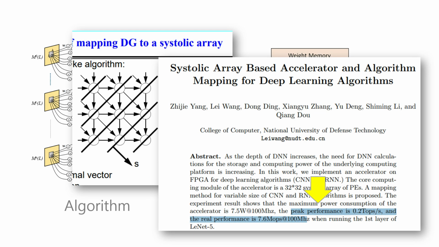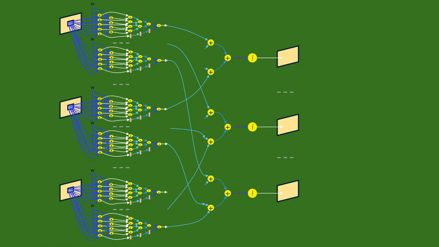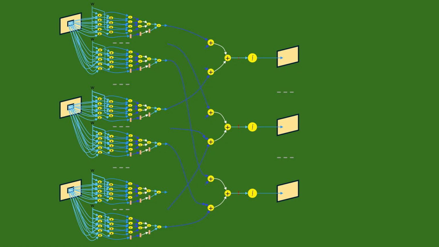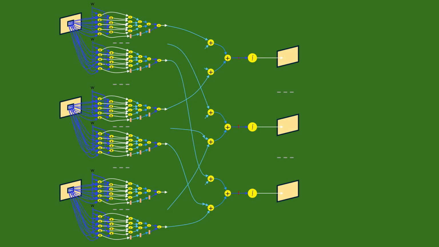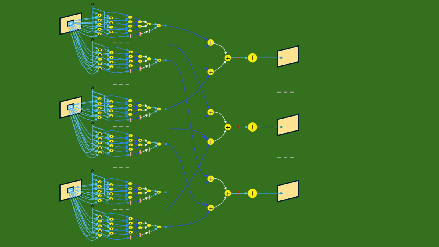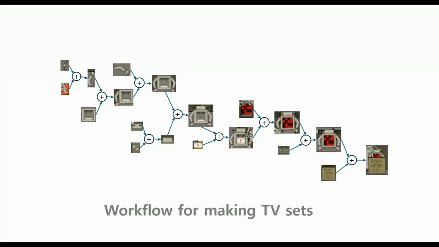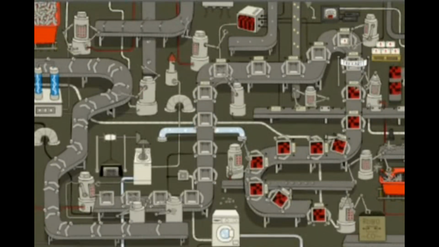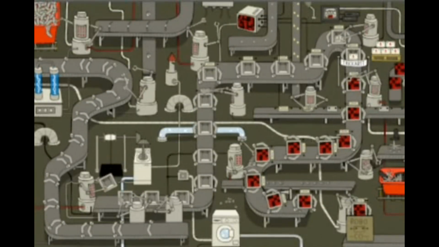However, if the hardware architecture is designed to fit the structure of the algorithm from the beginning, the two structures can be perfectly matched without a separate mapping process, thereby eliminating idle computational resources and maximizing efficiency. This is like connecting the production line in a factory in the same way as the workflow chart and supplying materials all day long, so that all workers and machines work without stopping.